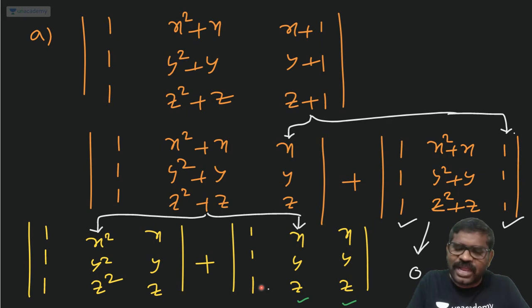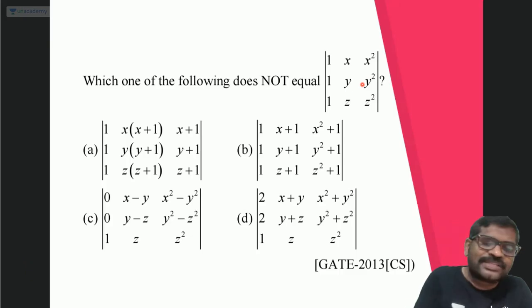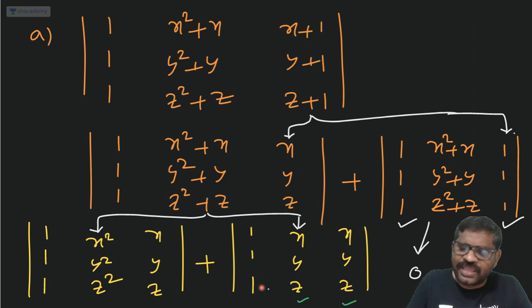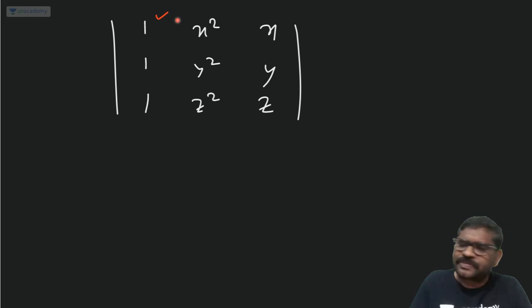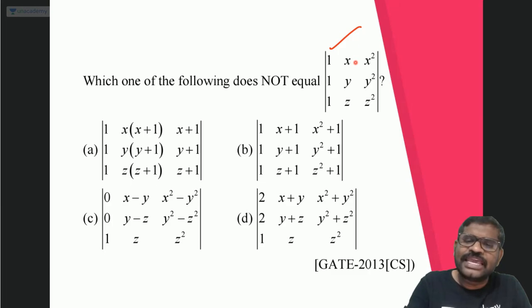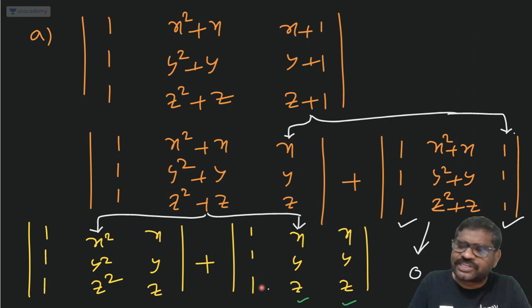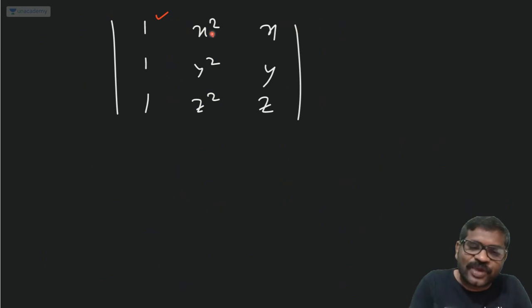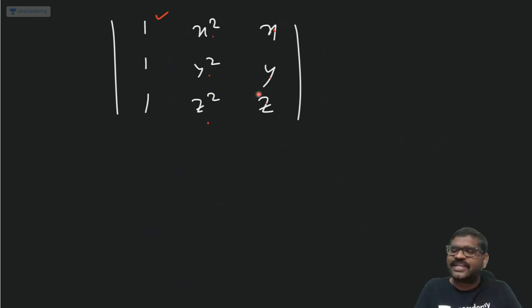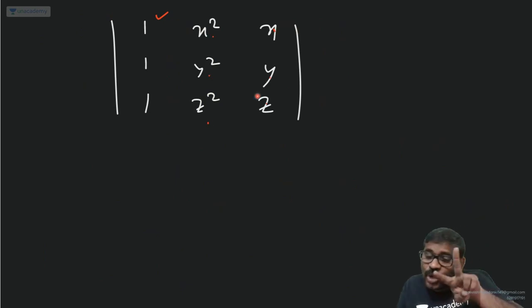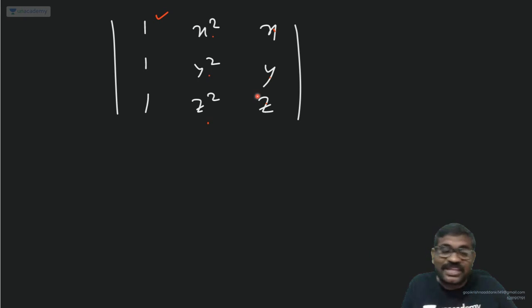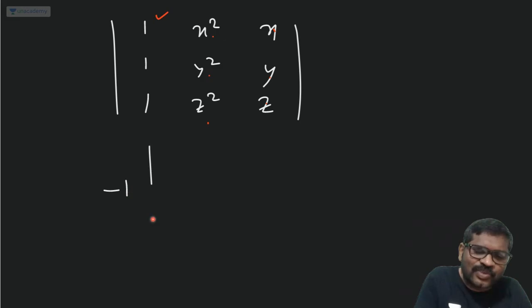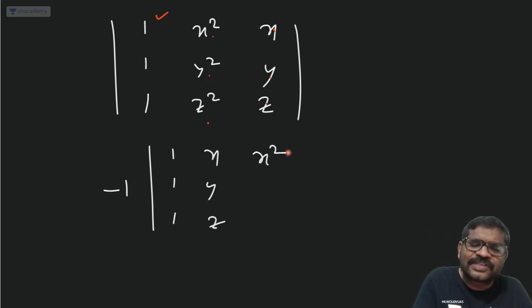Now our original determinant is 1 1 1, here x y z, x square y square z square, but here x square y square z square, x y z. So whenever two columns are interchanged, you have to multiply by -1. That's why -1 into 1 1 1, x y z, x square y square z square.